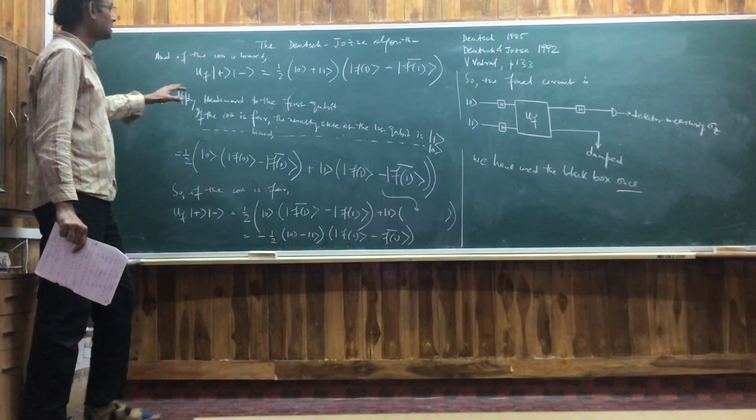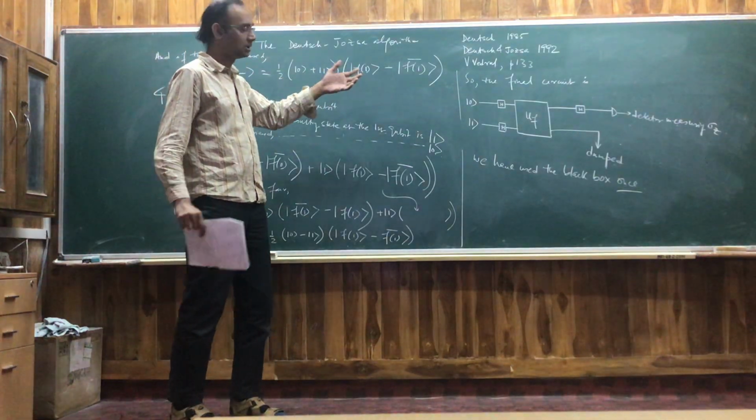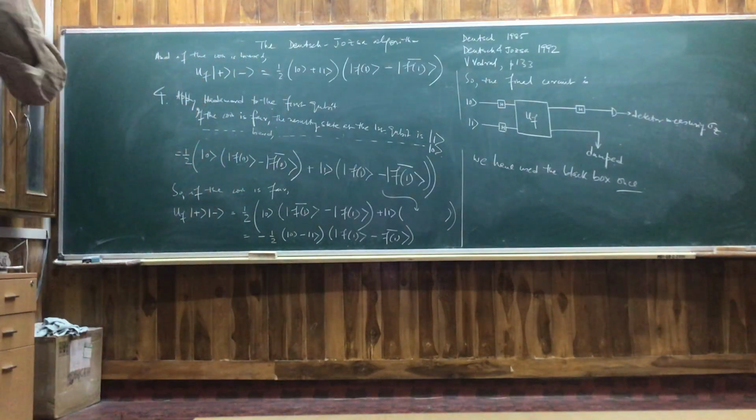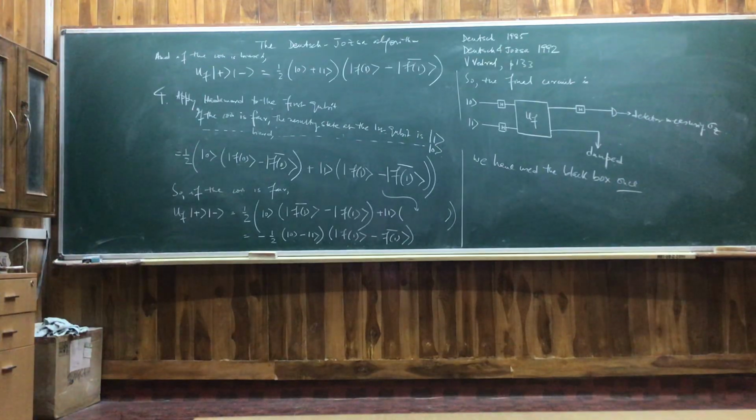So of course you realize that although the black box is used once, in that single run it has evaluated F0, F1 and everything. Because of the existence of quantum superpositions, you can feed a quantum machine with a superposed state. In the classical case, you were given either the 0 or the 1, and you get the answer for the 0 and for the 1.